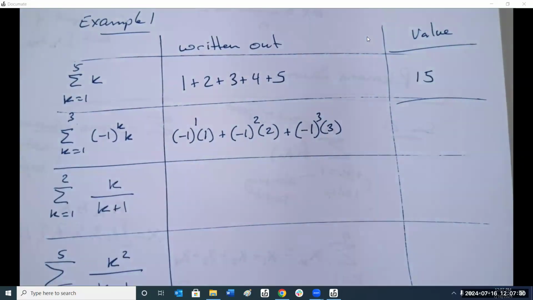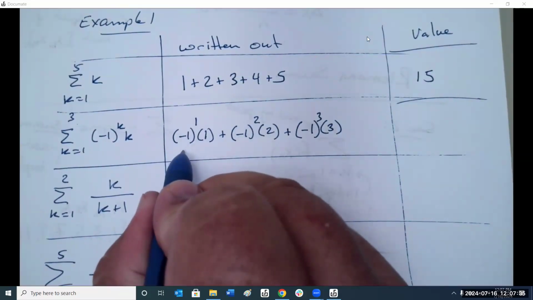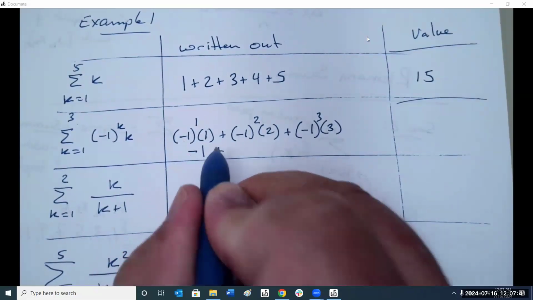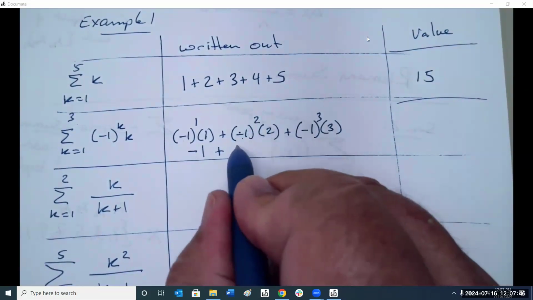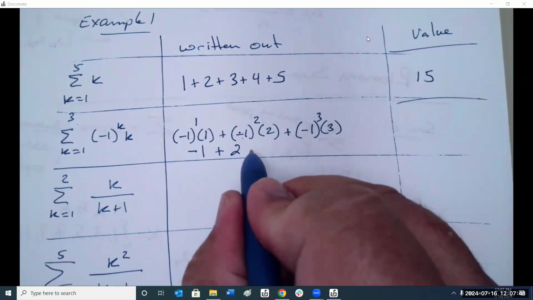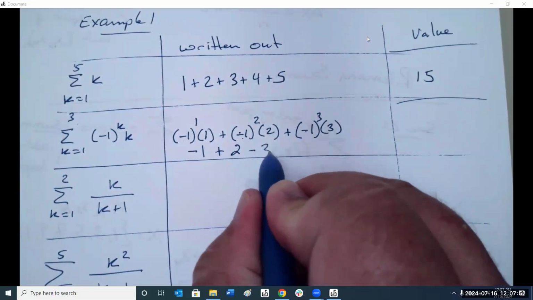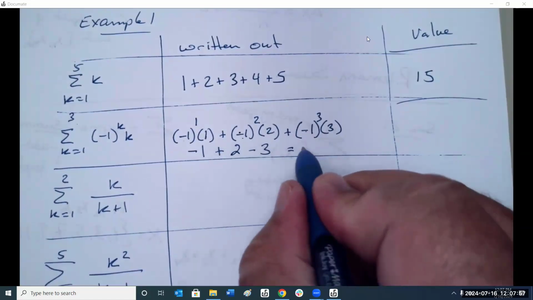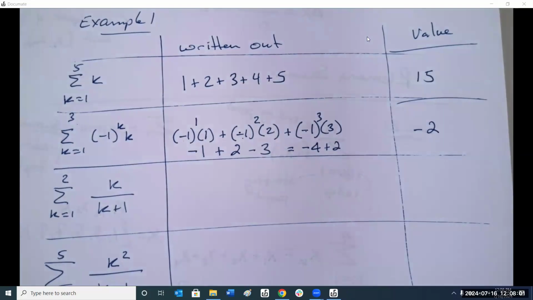So I'll go from 1 to 3. -1 to the first power is -1, -1 times 1 is -1. -1 squared is positive, +1 times 2 is 2. -1 cubed is -1, times 3 is -3. So we have -4 plus 2 equals -2.